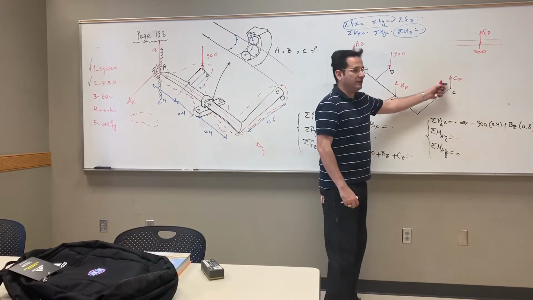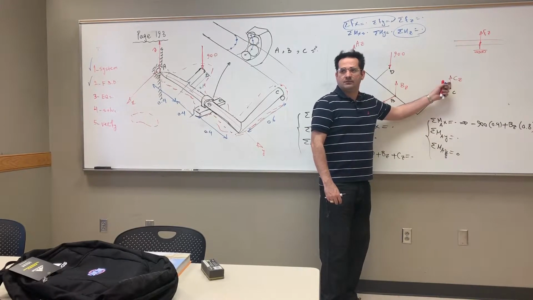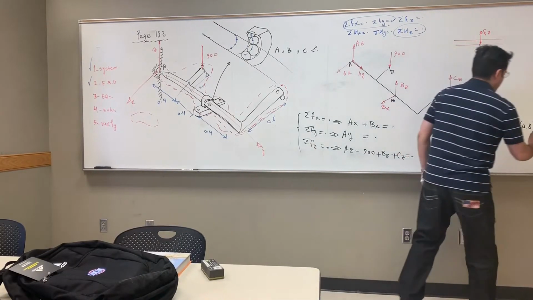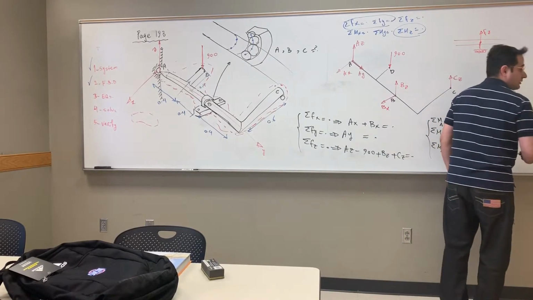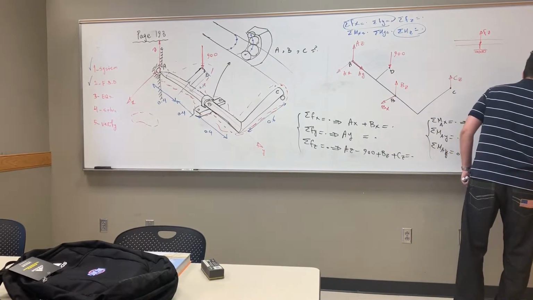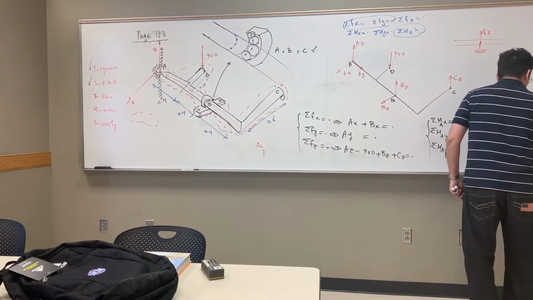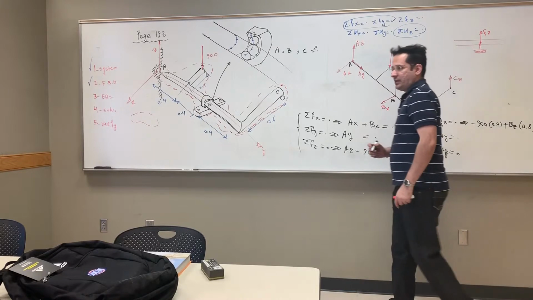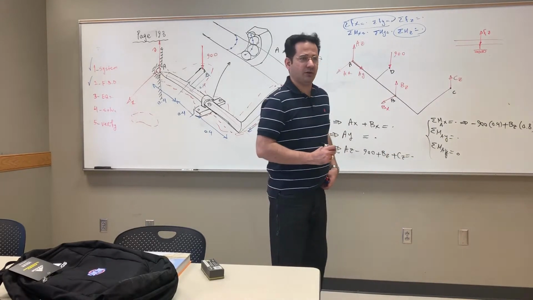Next, CZ. Does it have a moment or no? Yes. And it's equal to CZ times 1.2. Positive or negative? Positive. Is equal to 0. So that's the first equation, right?